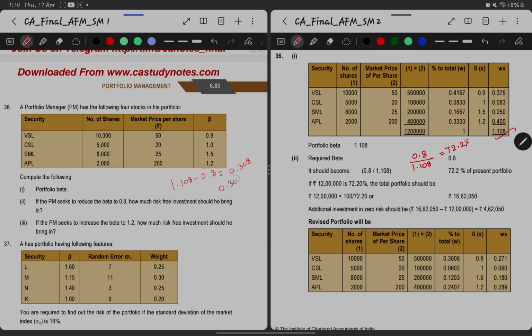So 0.308 divided by 1.108, 28% has to be reduced, but in the ICAI solution they have reduced 72.2%.